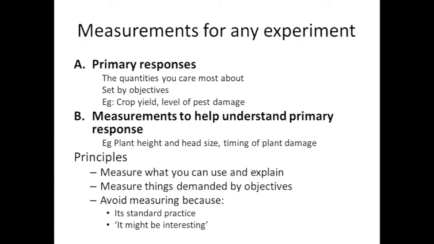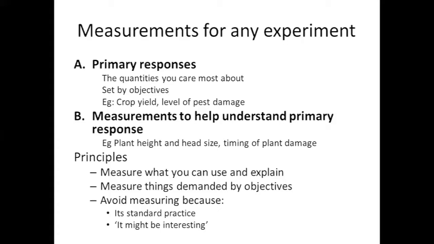There are 3 sorts of things we need to measure. The first ones are what I call primary responses. They're the quantities that you care most about, and they're set by objectives. So very often that is something like crop yield. If the objectives are about improving yield, it's clear that crop yield is a primary response.